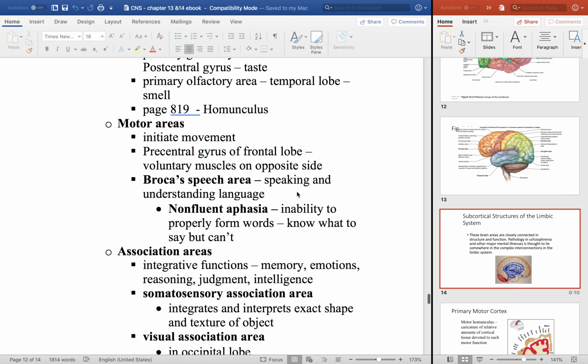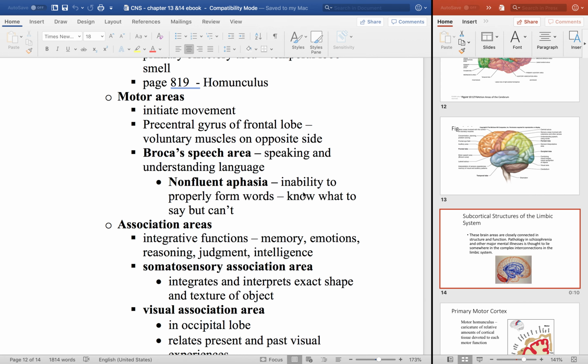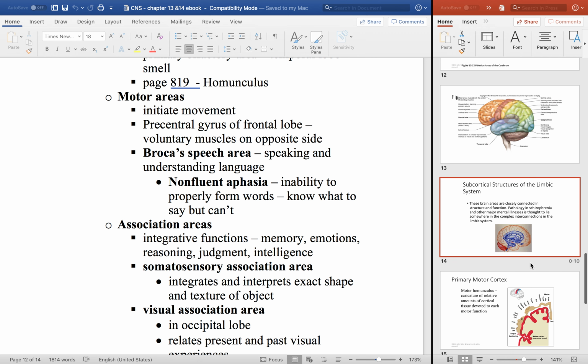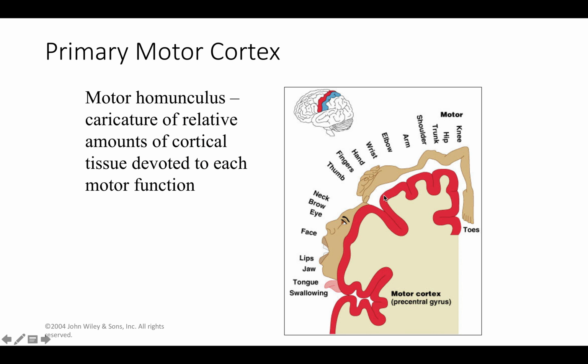Okay, motor areas. Motor areas are going to initiate movement. Okay, so whenever I've decided what I'm going to do by the sensory sensations coming into the postcentral gyrus, I'm going to have to decide what to do about it. I'm going to do that in the precentral gyrus. So if we look here, that is our primary motor cortex, and it is right here.